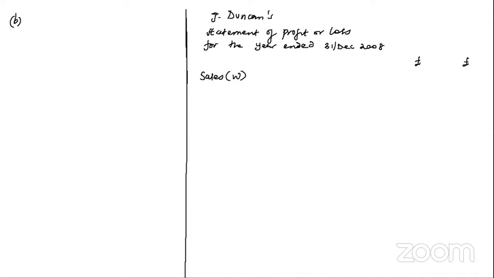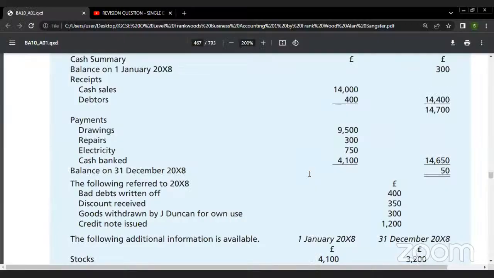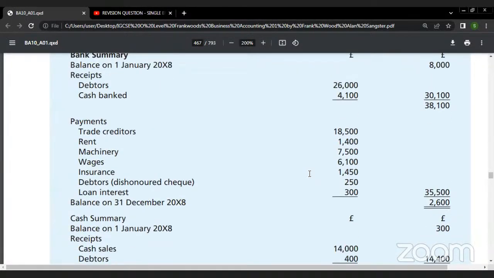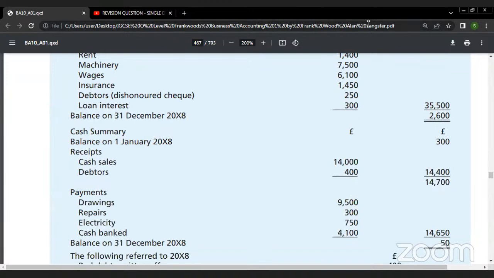When you look at the question, we have some cash sales of 14,000.